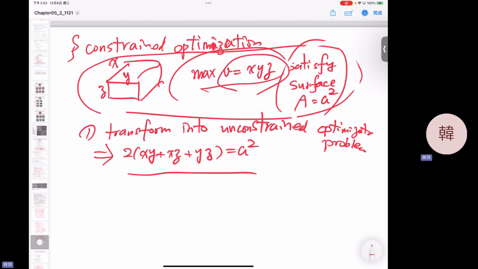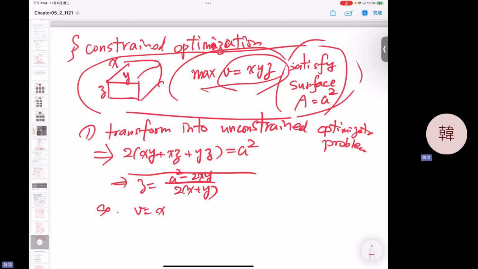It should be very straightforward. Please do some mathematical calculation. It becomes z equals (a squared minus 2xy) divided by 2(x plus y). Please trust me, I did it earlier. Now please replace the z parameter in our objective function. So V equals what?